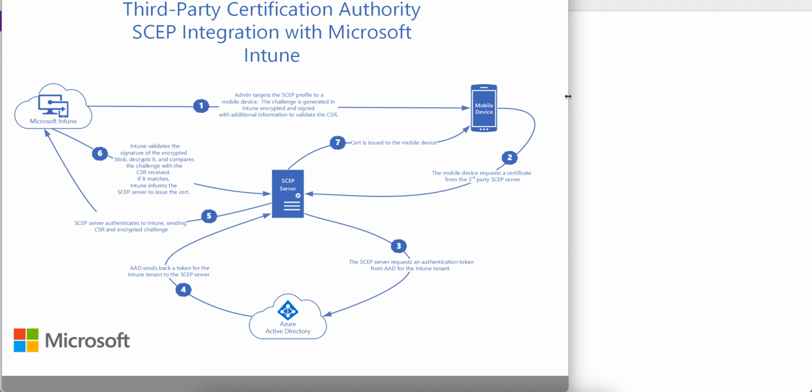In my last video I explained that if you plan to use certificate-based authentication for Wi-Fi or VPN in your organization, there are two ways. One is to build an in-house, on-premise Microsoft CA server, or you can integrate a third-party CA server through SCEP.